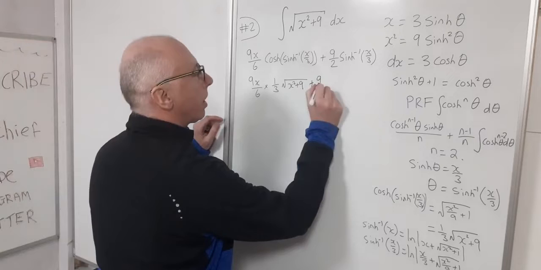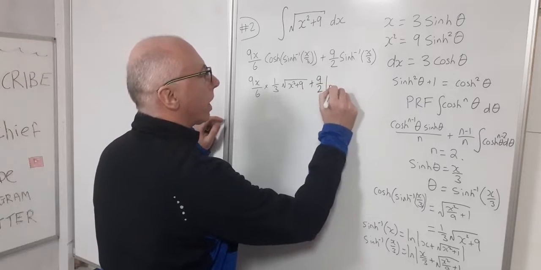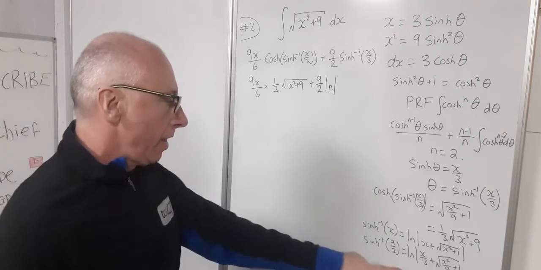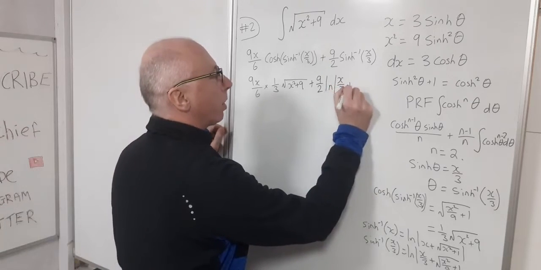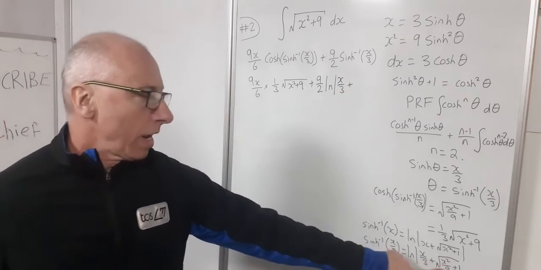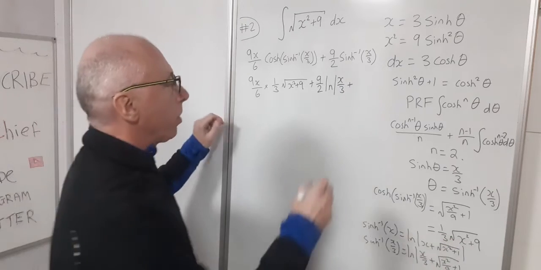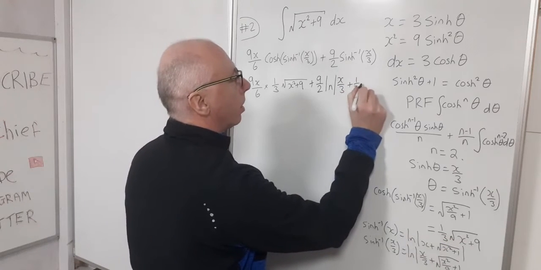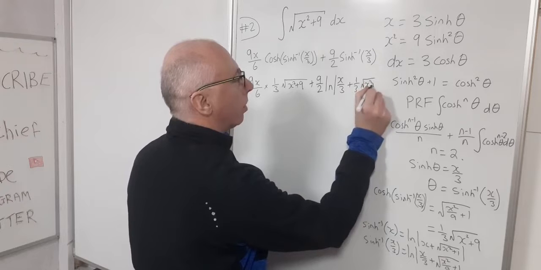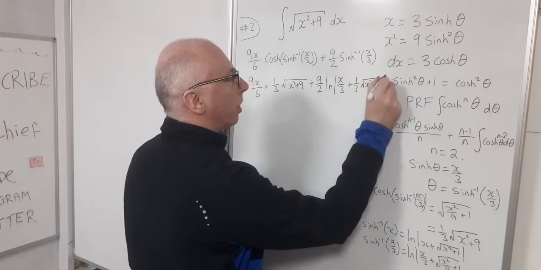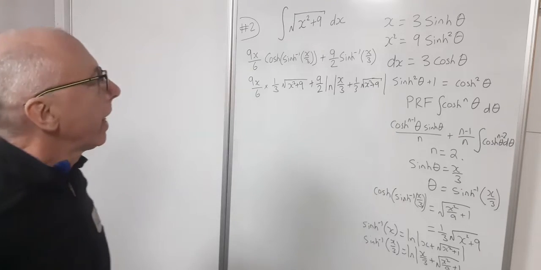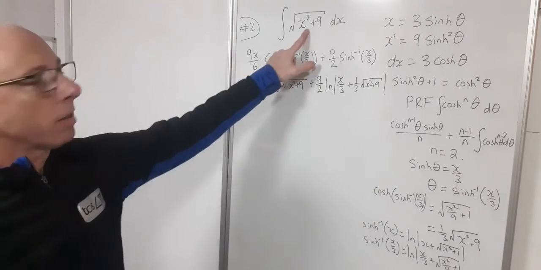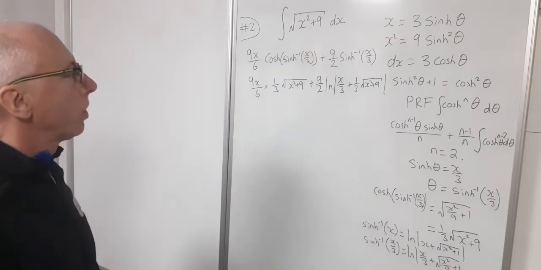So I've got plus 9 over 2 natural log, and then x over 3 plus 1/3 square root of x squared plus 9. Okay, so now I've got all my trig functions taken out. I'm back into x, which is what my original integral looked like.